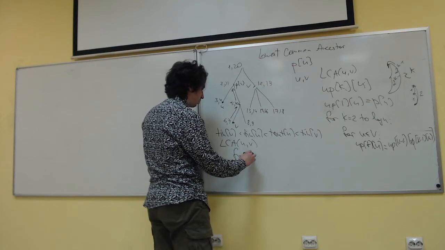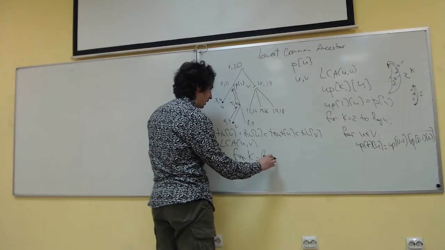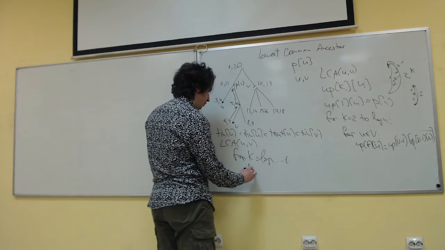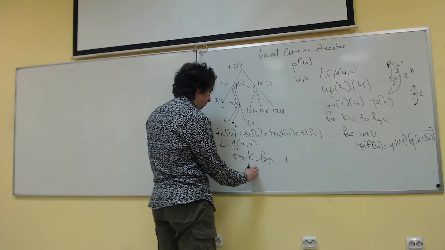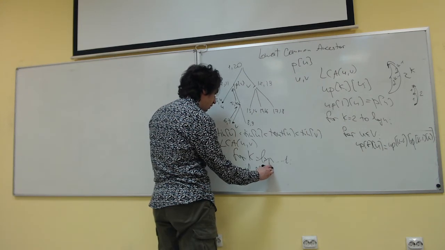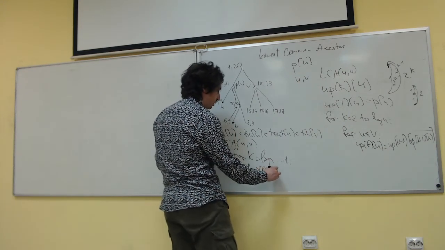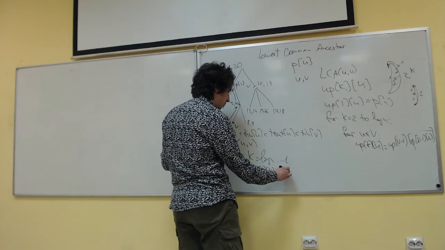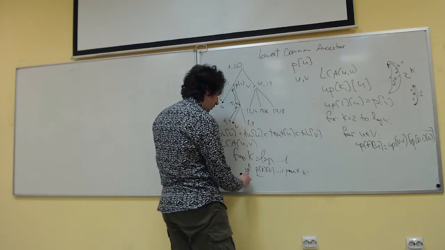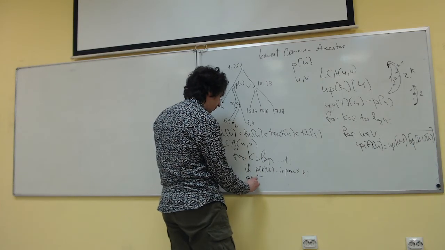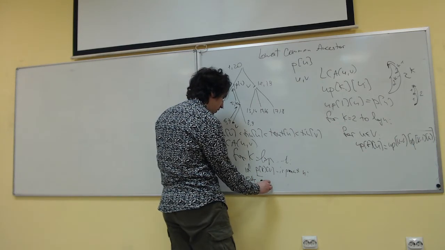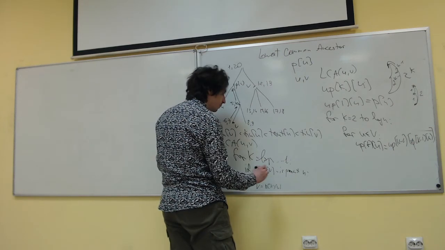Exactly like that. So for k from logarithm n backwards to 1, if up[k][v] is an ancestor of u, then do nothing, otherwise jump to up[k][v].